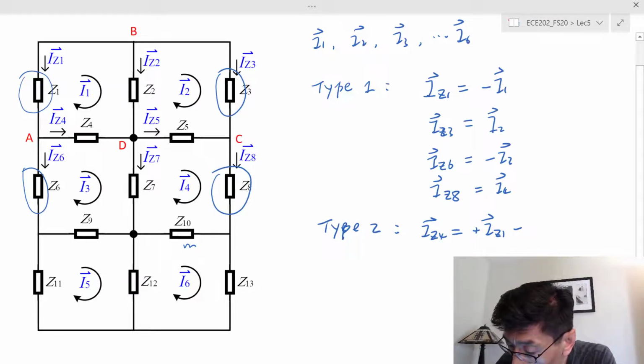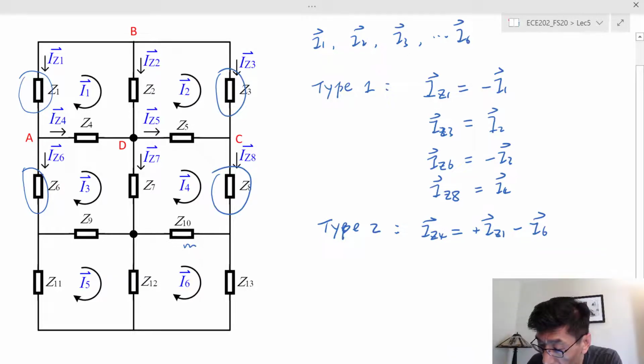If we look at the equations, I sub Z1 is equal to negative I1. So I have a negative I1 and a negative I sub Z6, which is negative and negative, so I get a plus I sub Z3. You can write it this way: I sub Z3 minus I1.